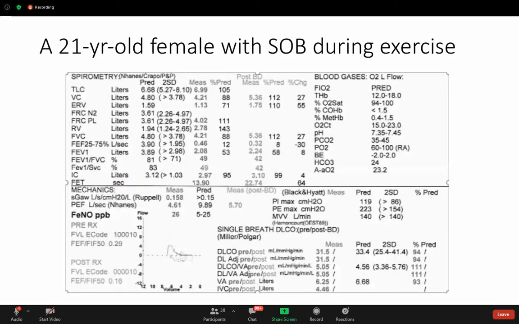Okay, so here my question, guys. You guys see here in the FEV1, there is something called pre and post. Anyone have any clue what pre and post mean? What's post BD mean?